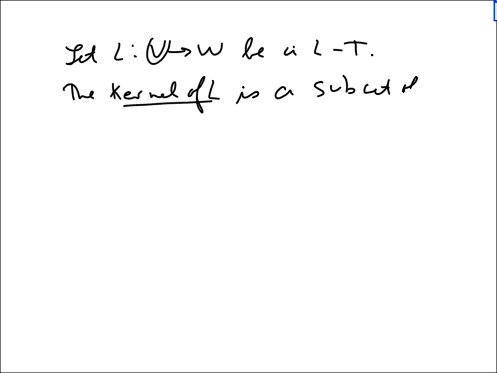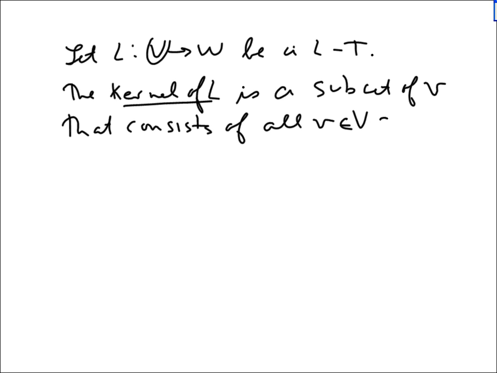It is a subset of V that consists of all v in big V such that L of little v is the zero vector.